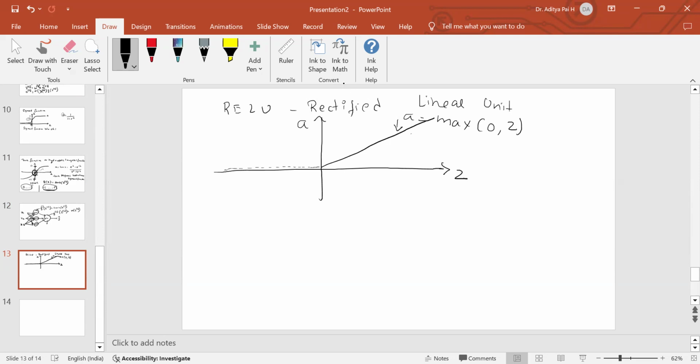What it says is that if your z value is 0, or even if it is a negative value, your A will be 0.